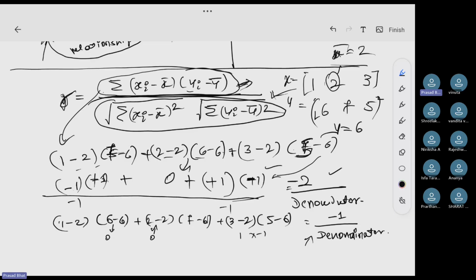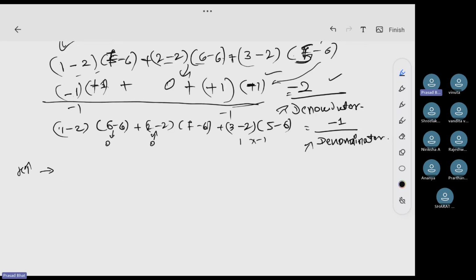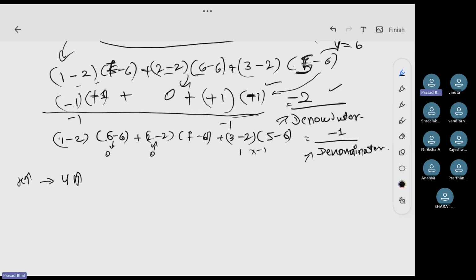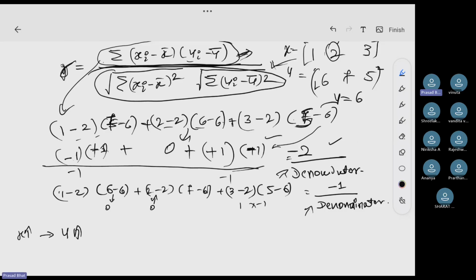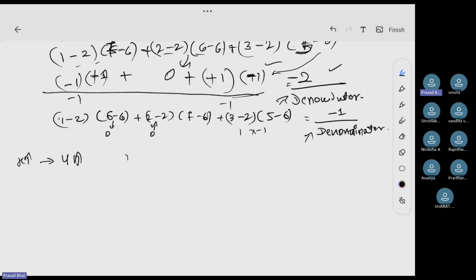Unless we calculate the value of the denominator, the value will not be scaled down to a standard value. But it's okay for us. Now we actually have three possibilities. One is x increasing and y also increasing, the first case, 1, 2, 3 and 5, 6, 7. Another case is where x is increasing in the same proportion and y is decreasing.